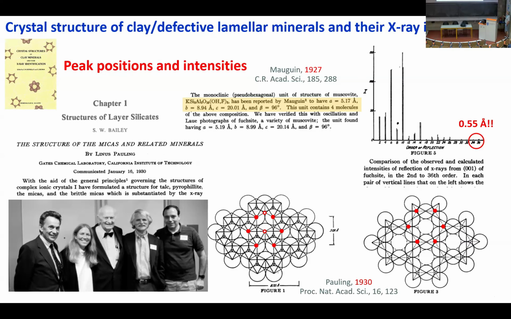It was quite impressive that even a century ago, they were able to record diffraction data up to 0.55 angstrom, which means they were able to record X-ray diffraction data all the way to, if you are using a copper wavelength, something like 120, 140 degrees. They were able to record that on extremely perfect crystals that would probably, for modern diffractometers, completely blind your detector for these lines, for sure. But this was quite impressive at that time.